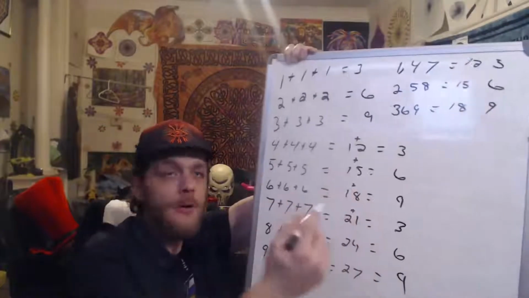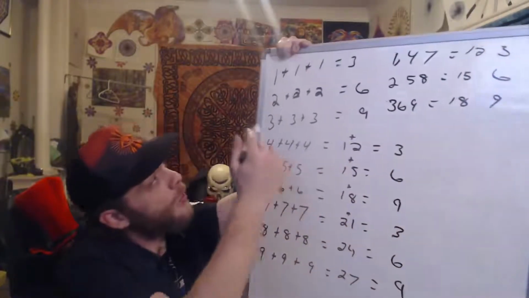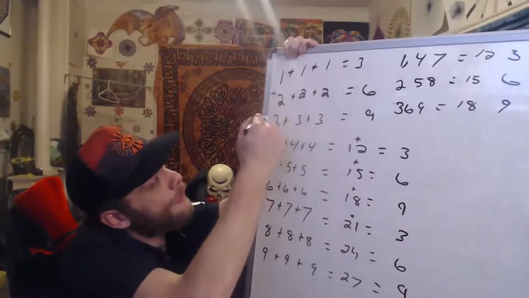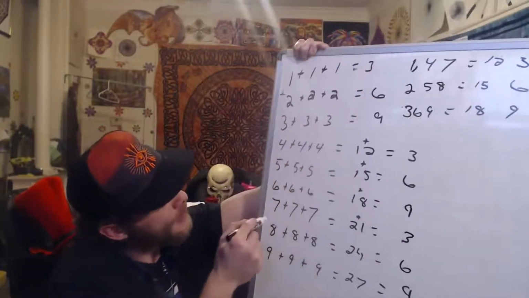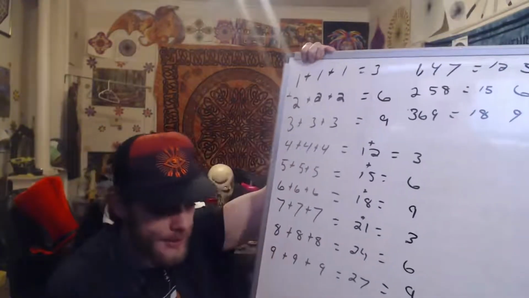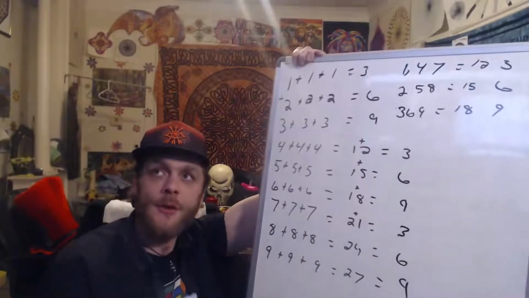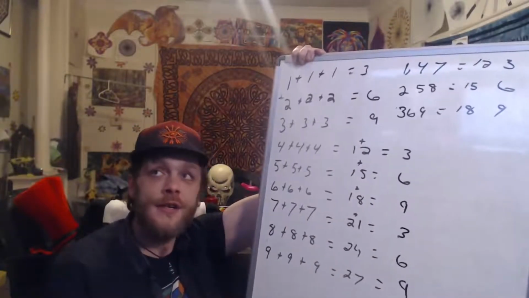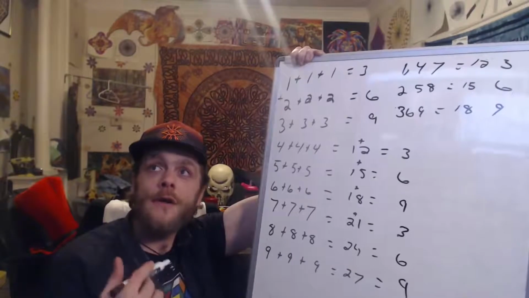When you add the sum of all numbers as digits, 1 plus 2 plus 3 plus 4 plus 5 plus 6 plus 7 plus 8 plus 9, the sum of numbers is 36. Add a 0, you have 360.